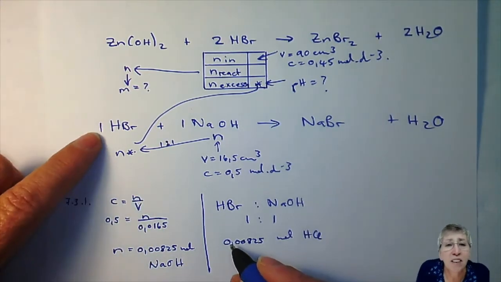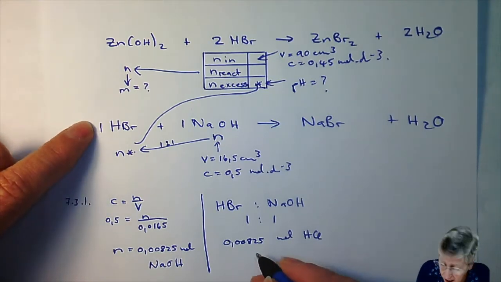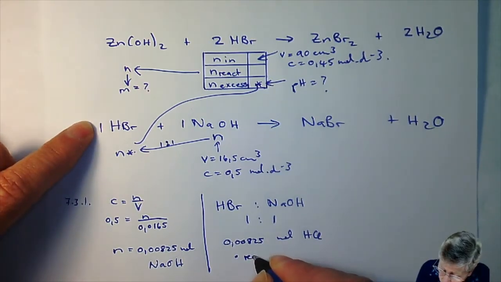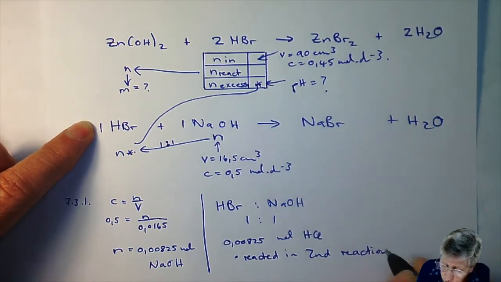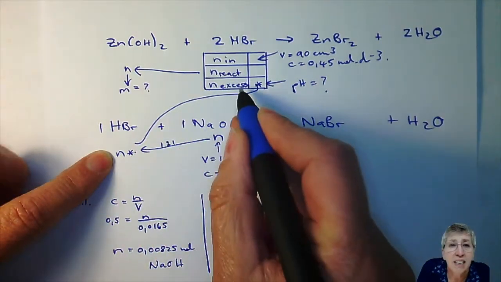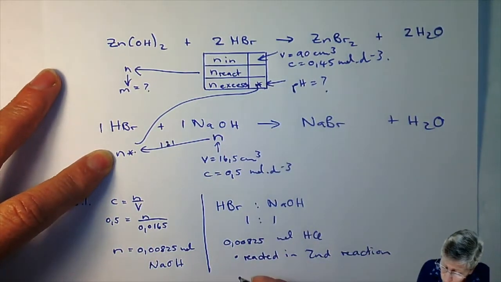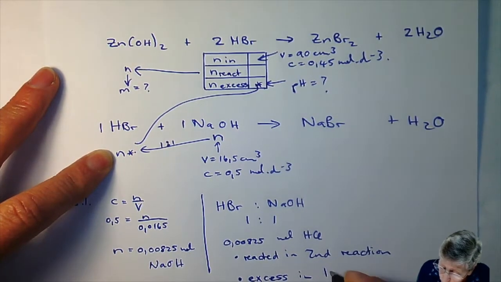Now that means I've got that many moles of HBr that reacted in the second reaction, right, over there. But that immediately tells me that number of moles were in excess in the first reaction.